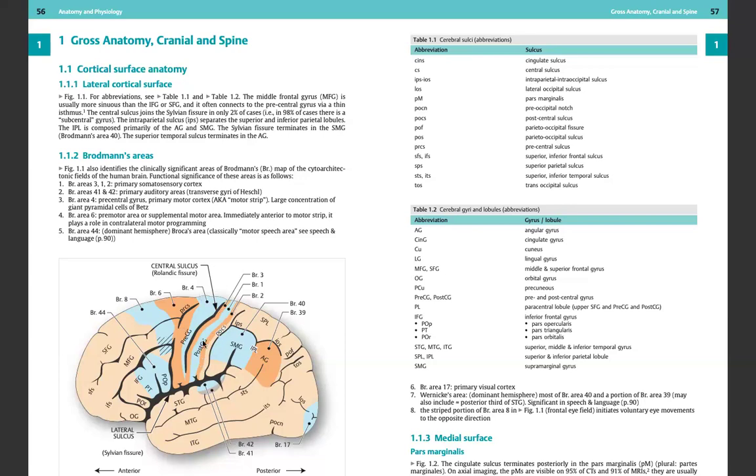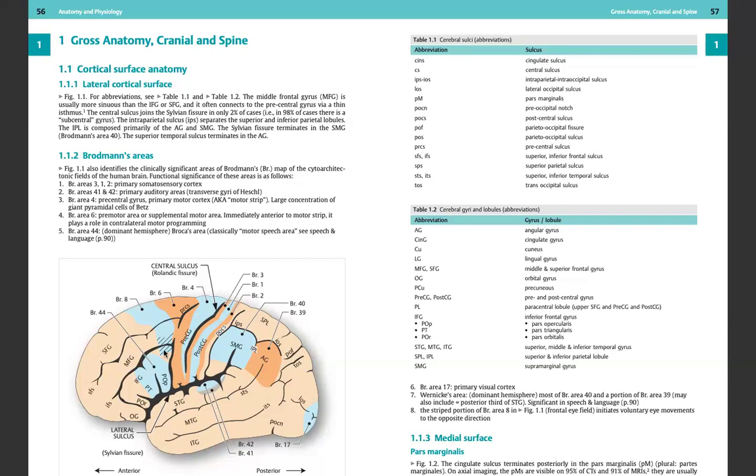So the post central gyrus is made up of Brodmann's area 3, 1, 2. And the precentral gyrus is made up of essentially Brodmann's area 4. The precentral gyrus is made up of the motor strip, which is Brodmann's area 4, and then Brodmann's area 6, which is the premotor area.